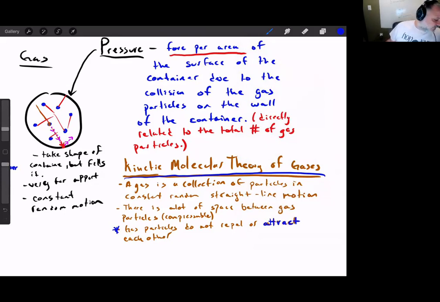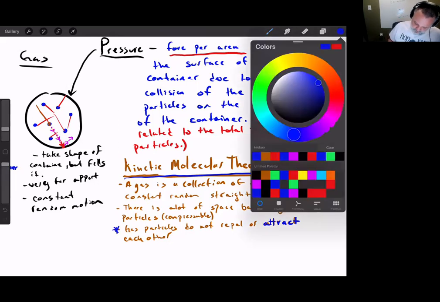All right. So there's one other piece, and you don't know this one either.